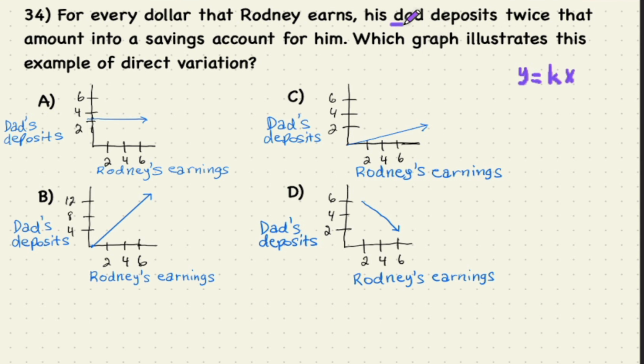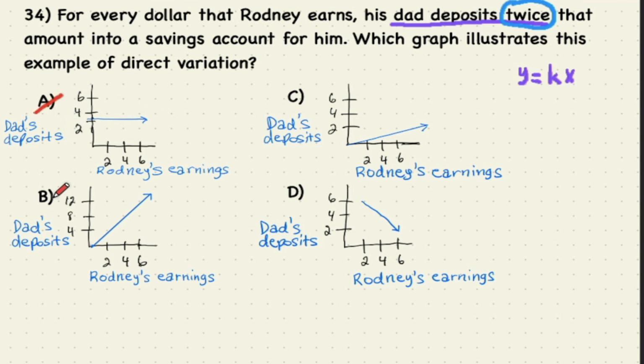So his dad deposits twice. This is key right here, twice. If we take a look here, we know it's not answer choice A, because we don't see an increase at all. It's just a straight line running horizontally from left to right. So we can get rid of that.